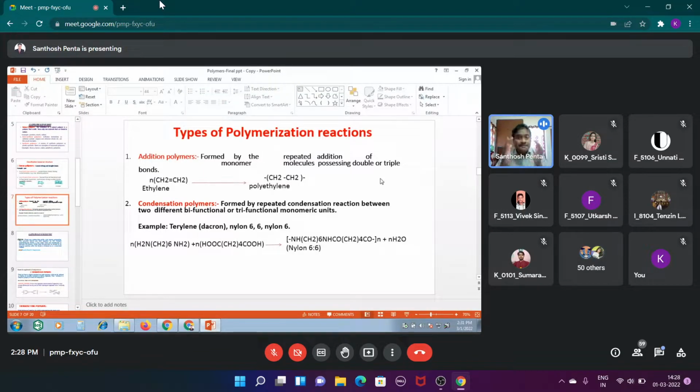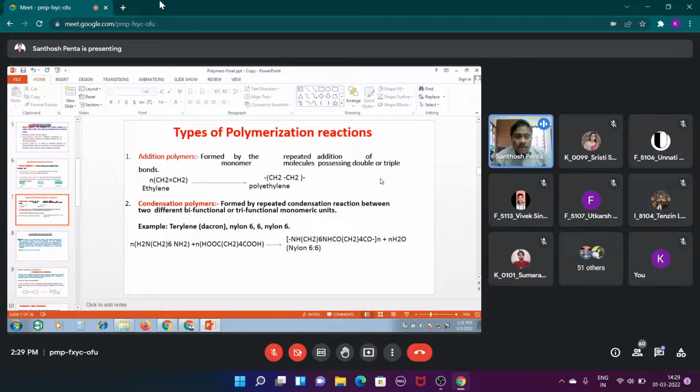In the types of polymerization reactions, the first one is addition polymerization. What happens in addition polymerization? Small molecules join together and produce a bigger molecule. There is no elimination of small molecules.